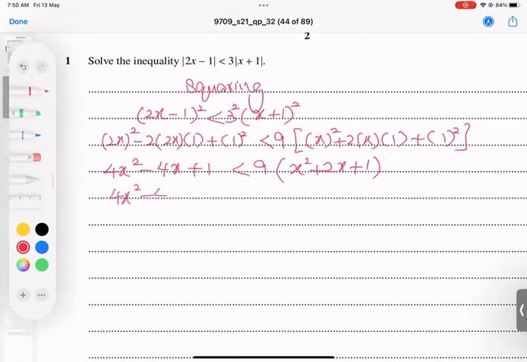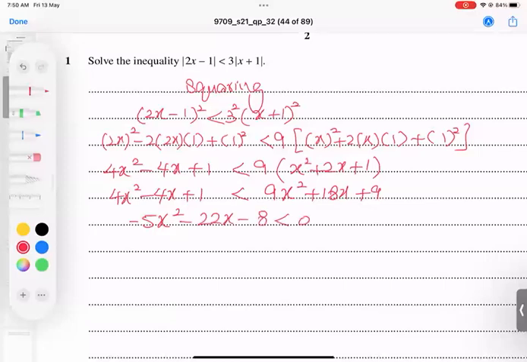4x square minus 4x plus 1. 9 multiplies inside, so bring 9, and every term is multiplied inside. When it comes out of 4, 9 gone. Negative 5x to power 2, negative 22x and negative 8.